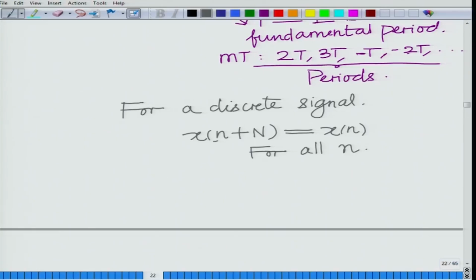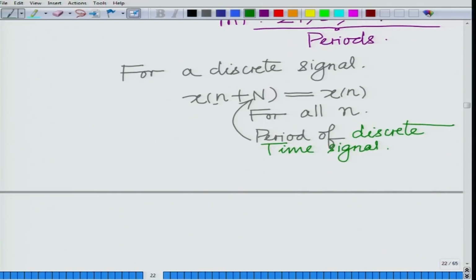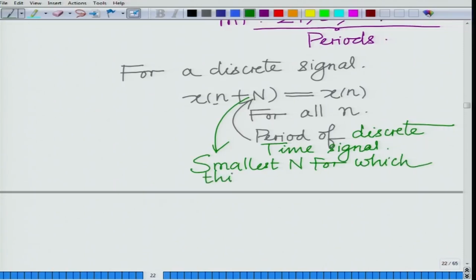This is known as the period of the discrete time signal, and the smallest N for which this holds is known as the fundamental period N naught.